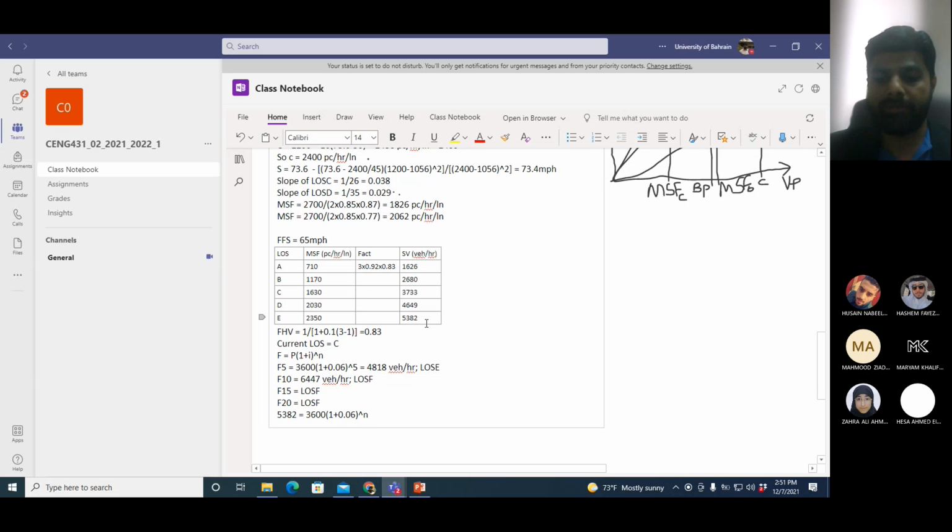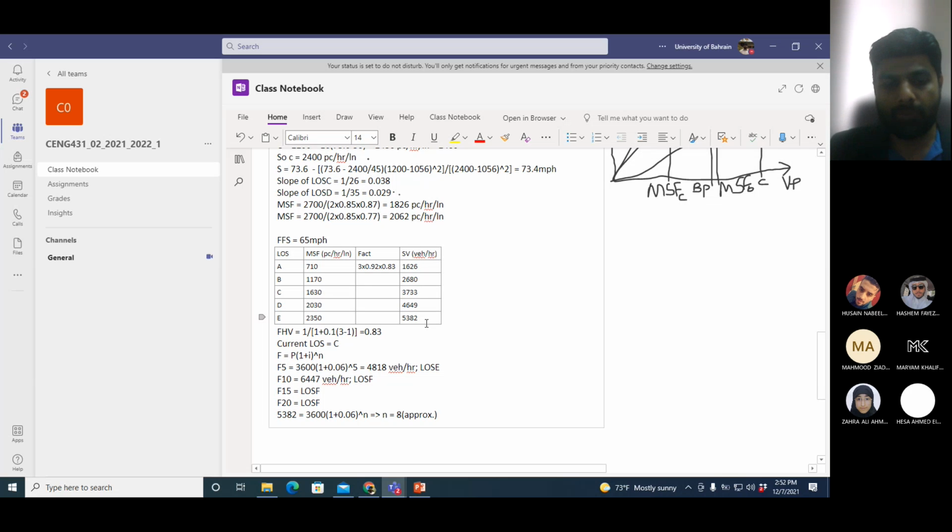If you calculate N from here, it will be approximately 8. So approximately after 8 years, or in the 8th year, the level of service will move into F. Whatever the government wants to do, they should do it before the 8th year.